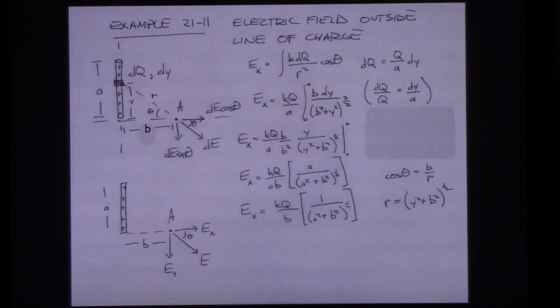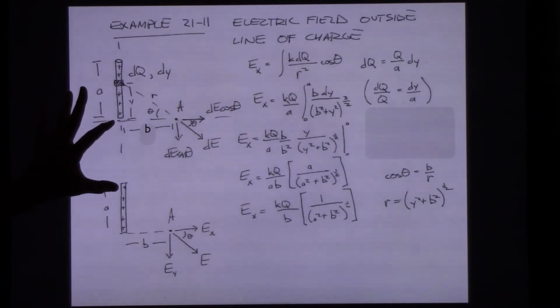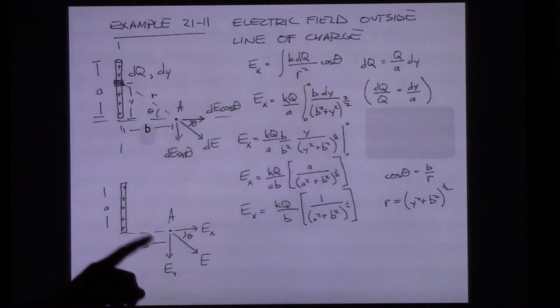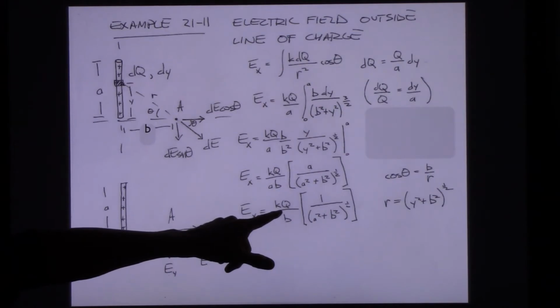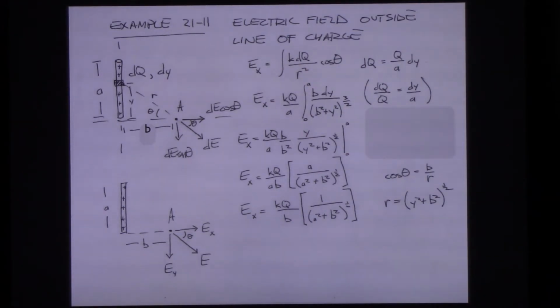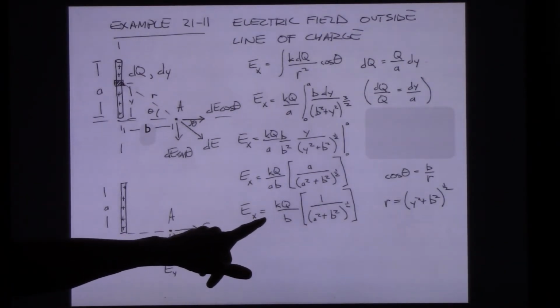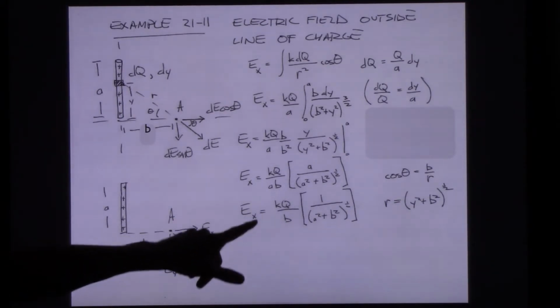Now, what would I do if, in order to calculate the electric field, I put a second section in here? Well, that would double the charge. So I would have to double the charge that was here, and then I would have twice as much electric field.